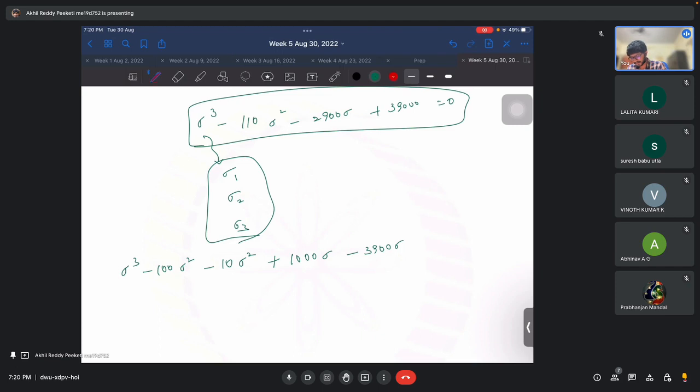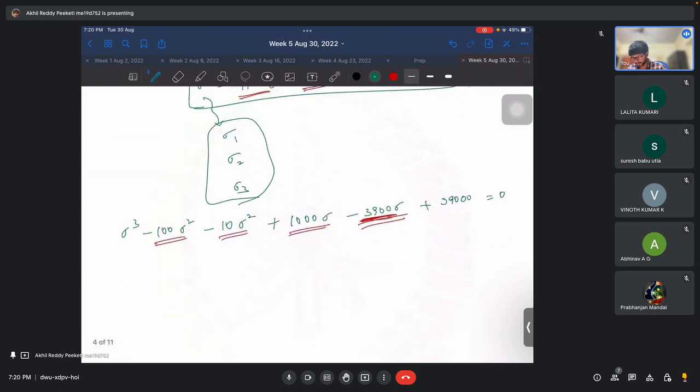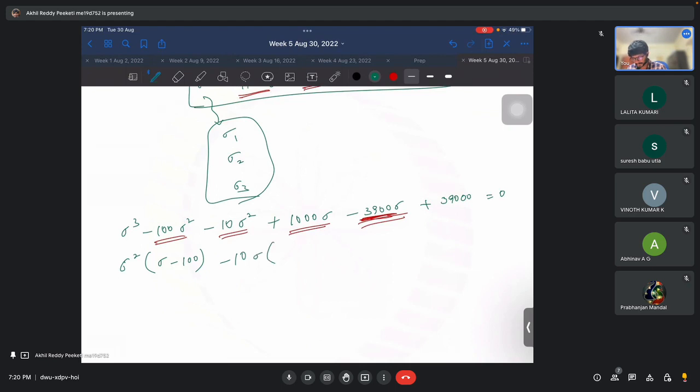So you can see I am writing this 110 sigma square as minus 100 sigma square minus 10 sigma square. This minus 2900 sigma is plus 1000 sigma minus 3900 sigma. Why this 3900? Because we have 39,000 here. Now in these two you can take sigma square common, this would be sigma minus 100. Here minus 10 sigma you can take common, so this would be sigma minus 100. Here take 3900 common.